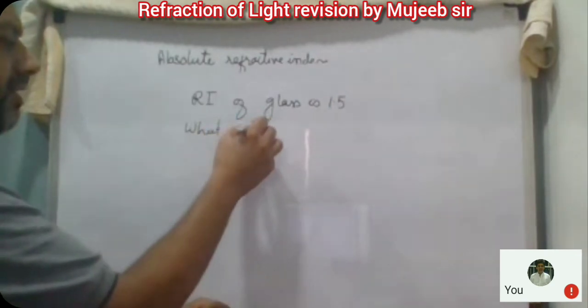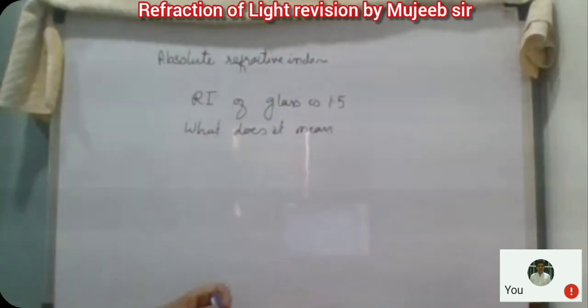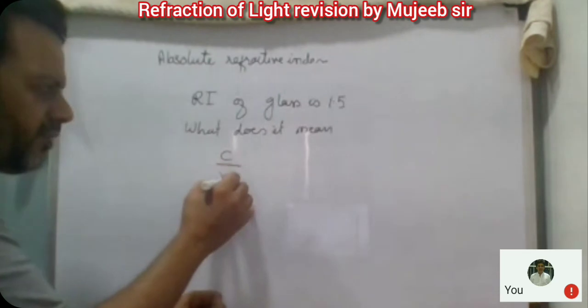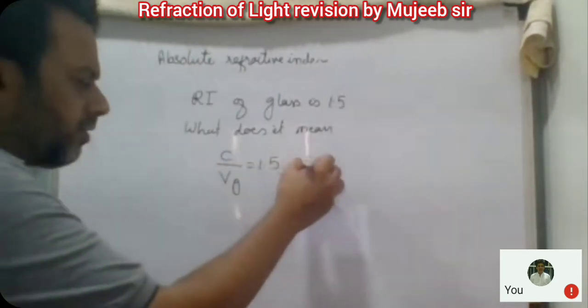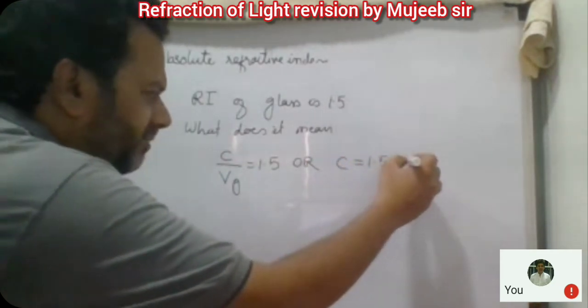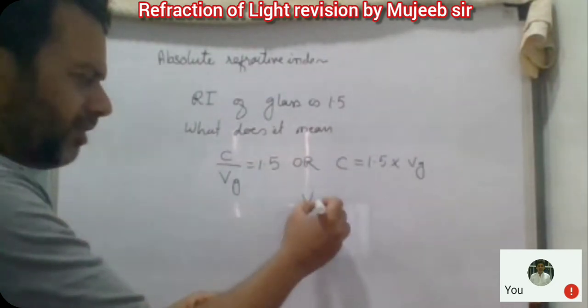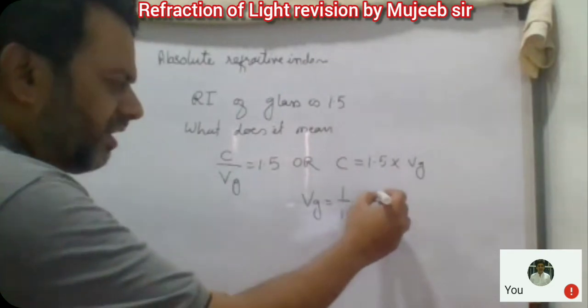It means that the ratio of the speed of light in vacuum to the speed of light in glass is 1.5, or you can say that the speed of light in vacuum is equal to 1.5 times the speed of light in glass, or that the speed of light in glass is 1 upon 1.5 times the speed of light in vacuum.